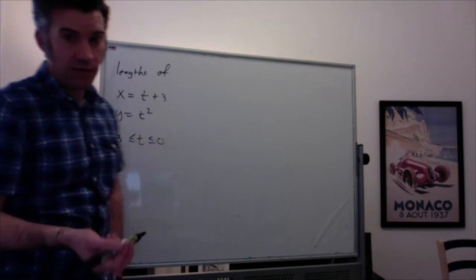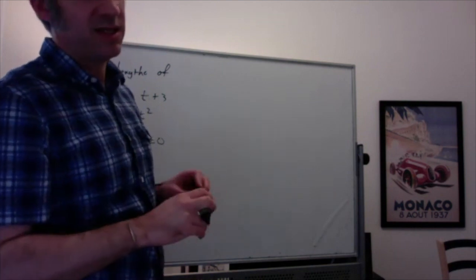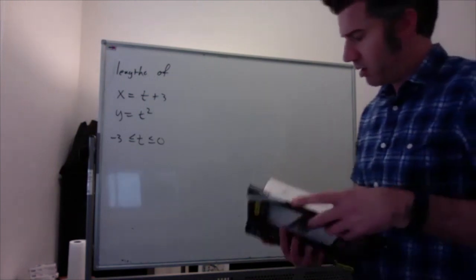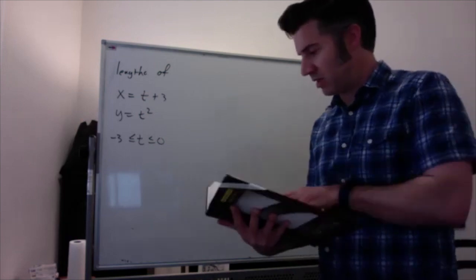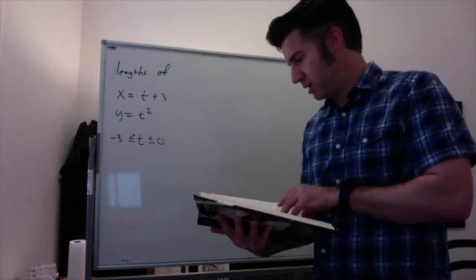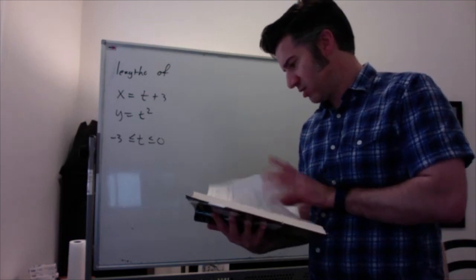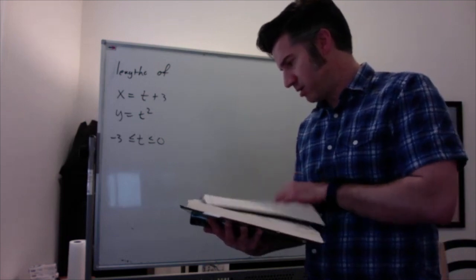So the arc length formula, oh, what section of the textbook is this? That's an excellent question. This is the parametric equation section. Let me look, Morgan. In my textbook, which is a slightly older edition, I think it's chapter 9 somewhere. Maybe not.